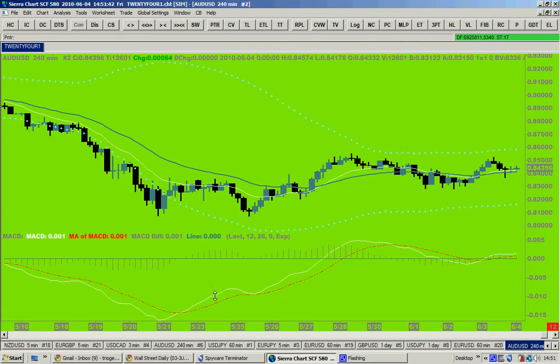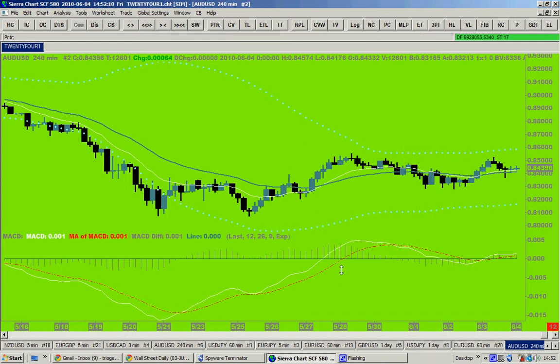You see here there was not much histogram, because the MACD and its moving average are quite close to each other. So in fact, the white line is like the moving average 12, and the red line is the moving average 9 of the moving average 12.